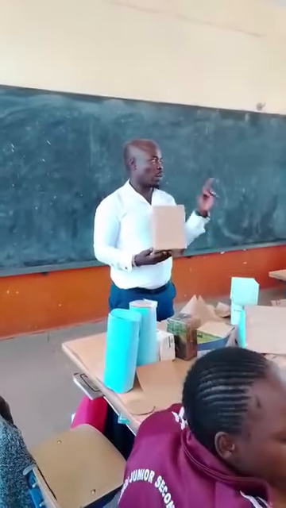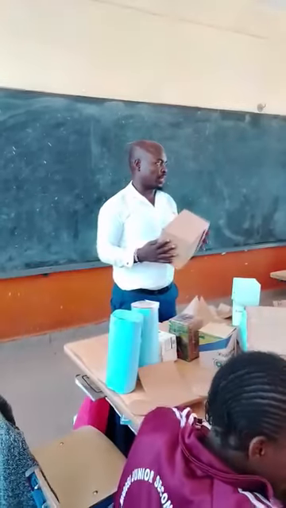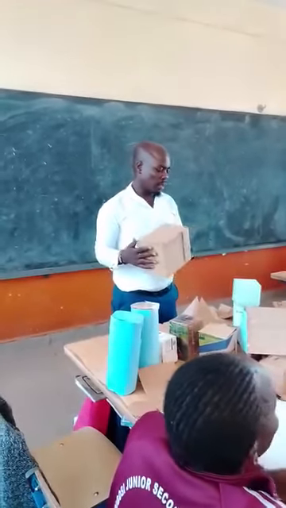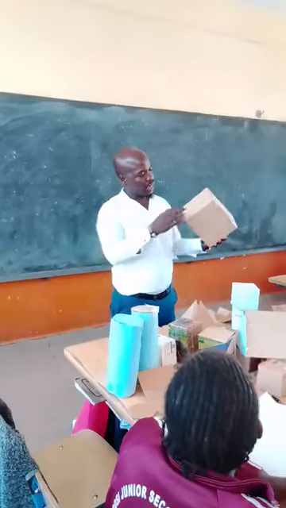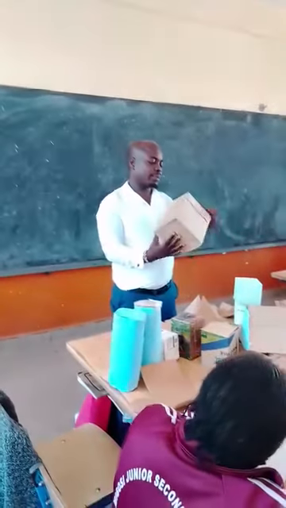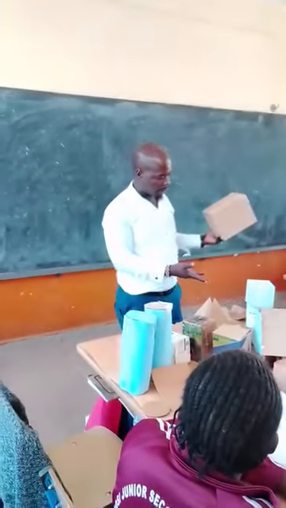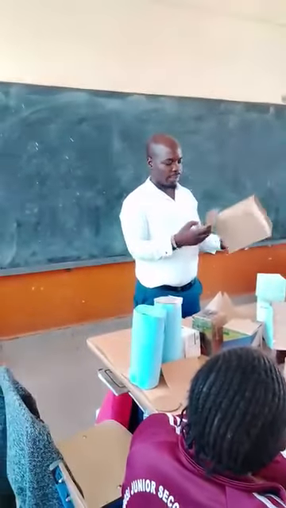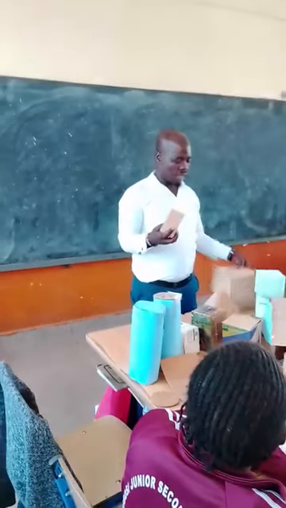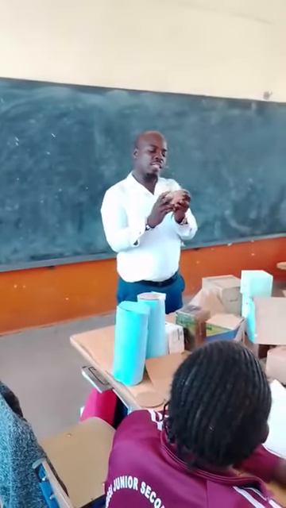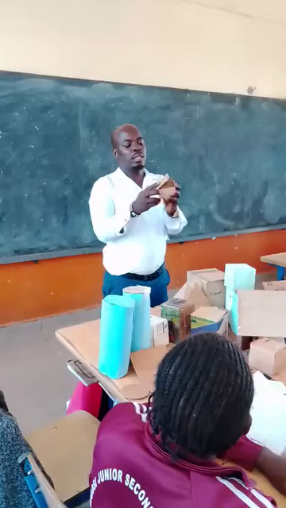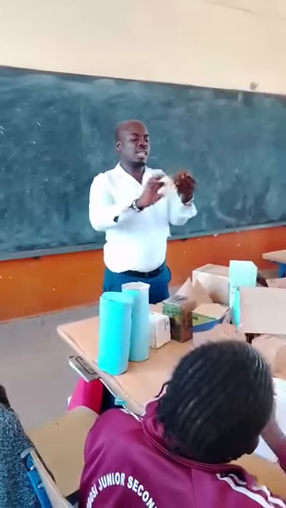You know that your cube and a cuboid have got the same number of edges and vertices. Is that true? Yes. If I decide to open one side, the corner, how many faces? 5 faces. So I have here a cuboid. Let's have the net.